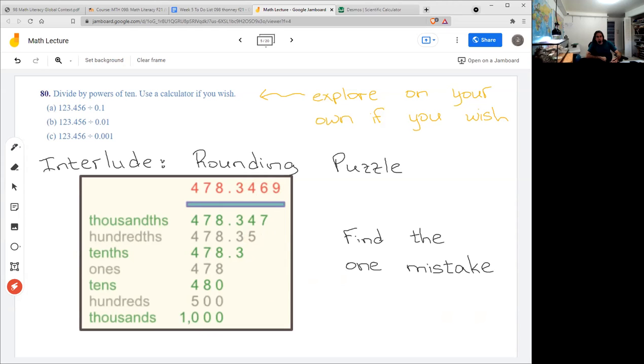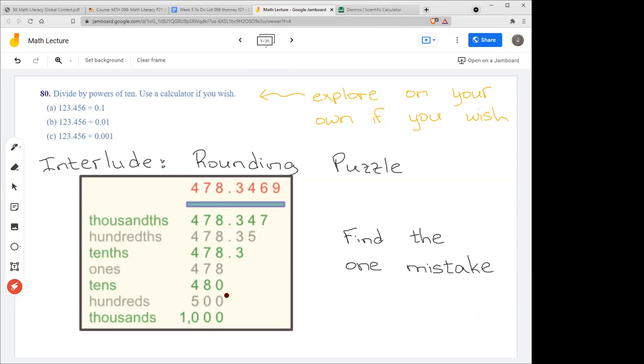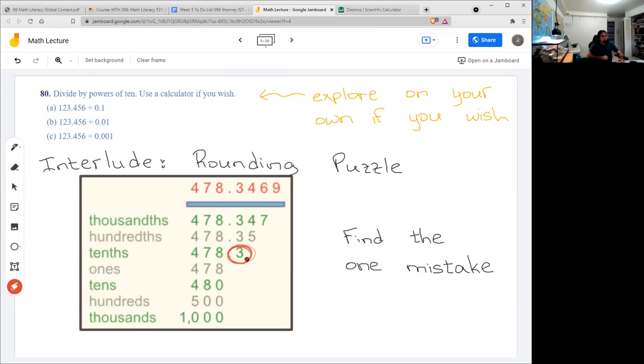Is it? I don't know if it's Andrea. Is that how I say your name? I was looking at this and sometimes I just miss things, especially in math. Like I'll just completely skip over things. But at the hundredths, where it's a 3.5, it's supposed to round up to the 0.4 instead of the 0.3. So yeah, this 3 stays a 3.